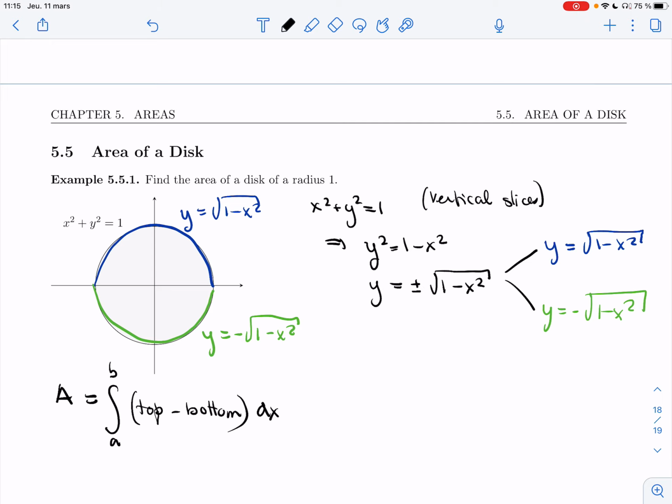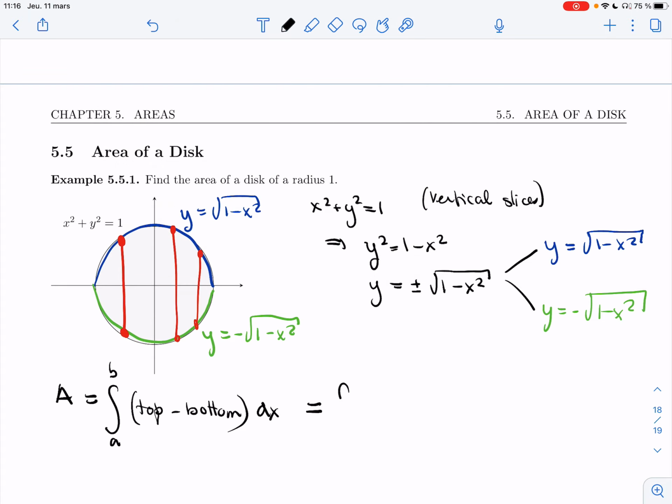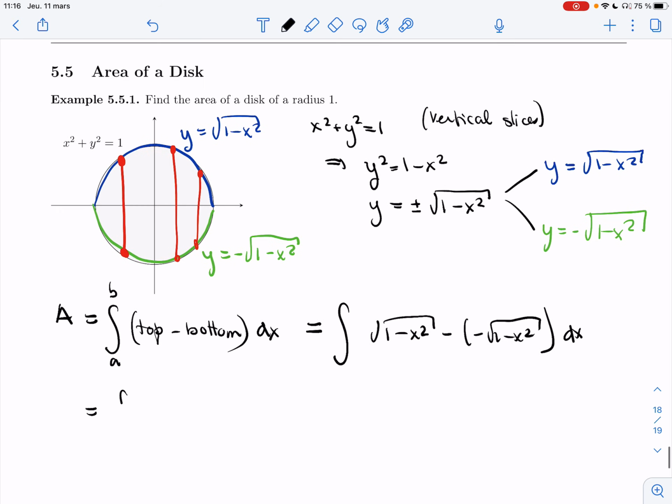But let me say horizontal slices would be exactly the same. So top is always the blue, bottom is always the green. So I will get the integral of top, which is root of 1 minus x squared, minus root of 1 minus x squared dx. That will give you the integral of 2 root of 1 minus x squared.